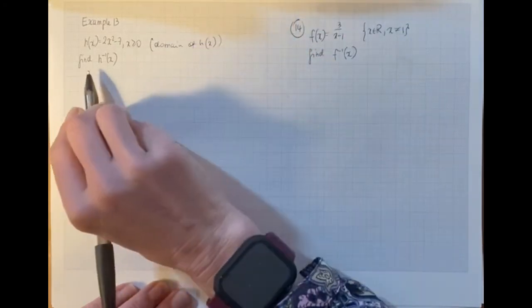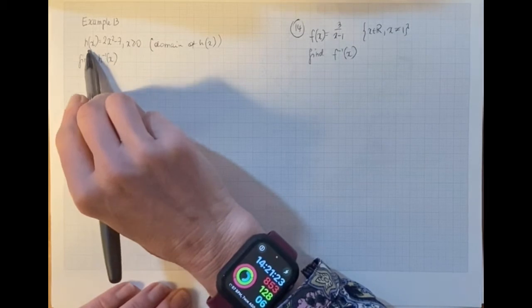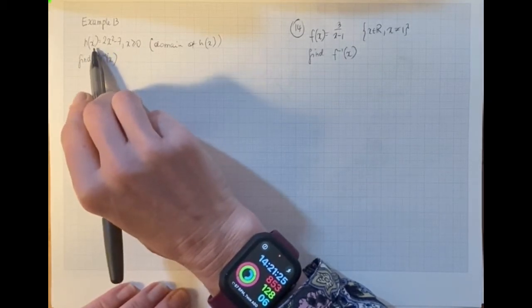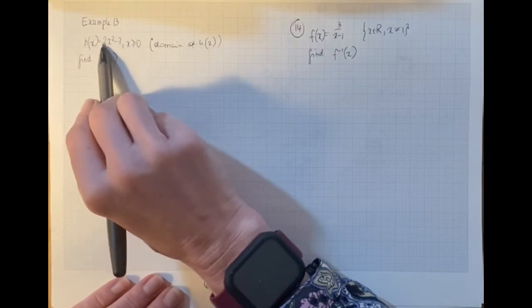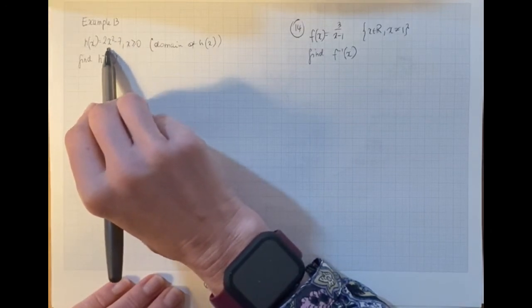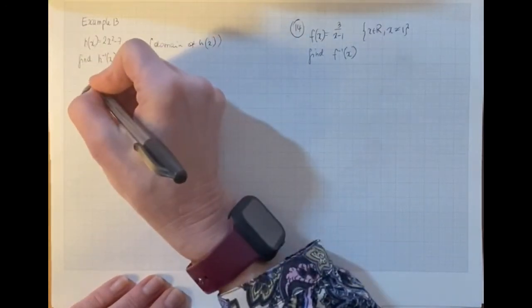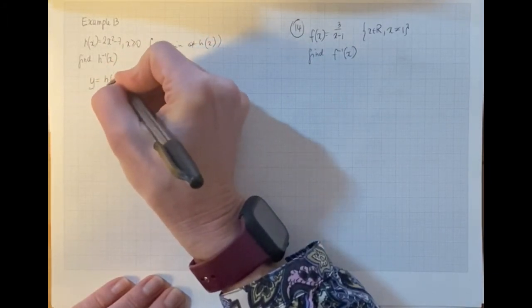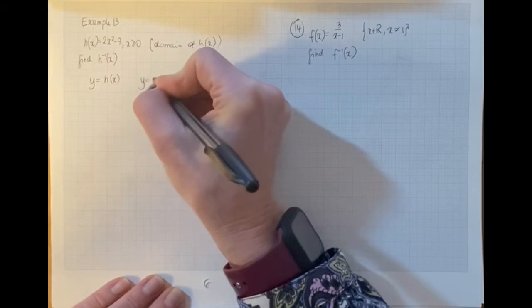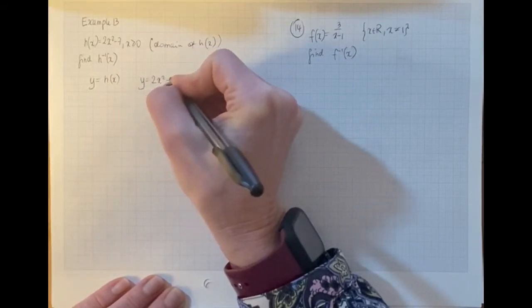We are asked to find the inverse. So the inverse function is going to be found by undoing the action of this function. So the best approach is to, let's write y instead of h of x to begin with. So define it. There you go.